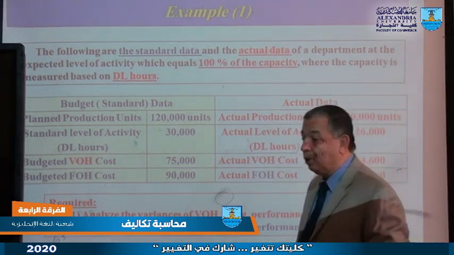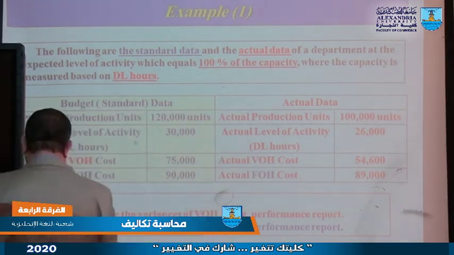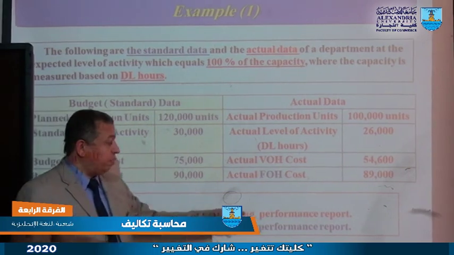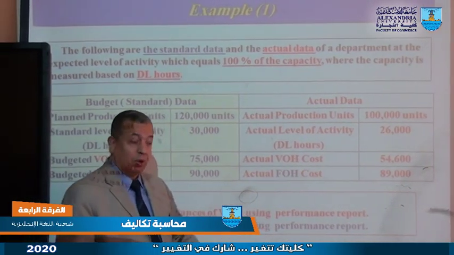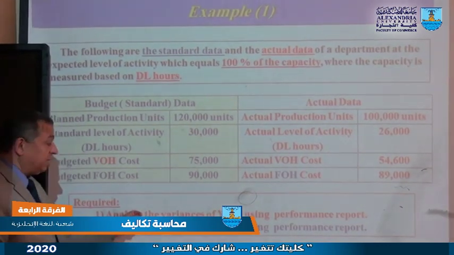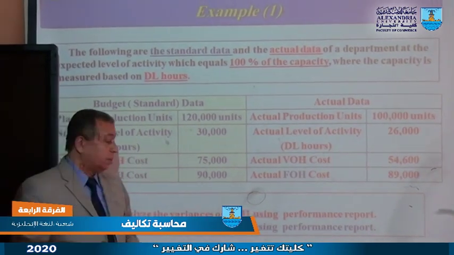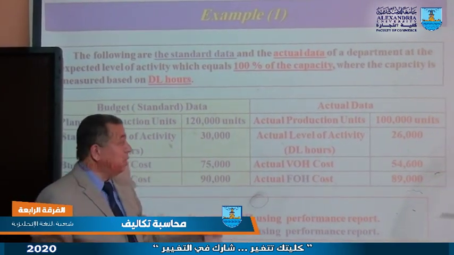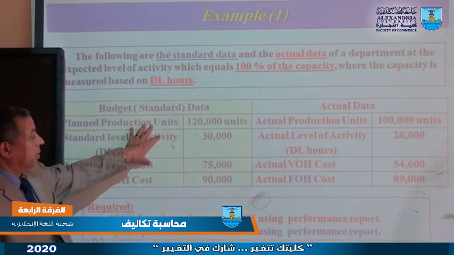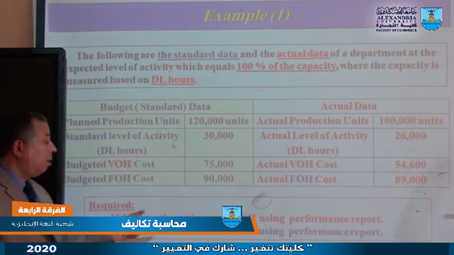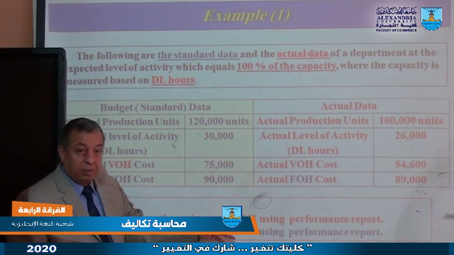Here I ask you two requirements. The first one, analyze the variances of variable overhead using a performance report. I will repeat the same requirement: analyze the variances using equations, and analyze the variances of fixed overhead. The same problem, I will use the same information to analyze both variable and fixed.